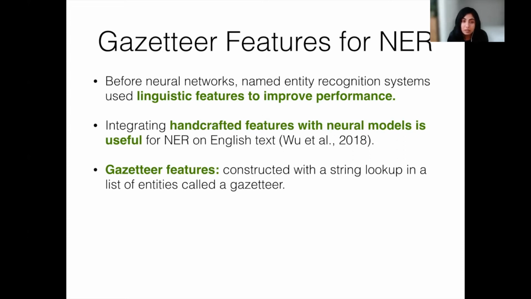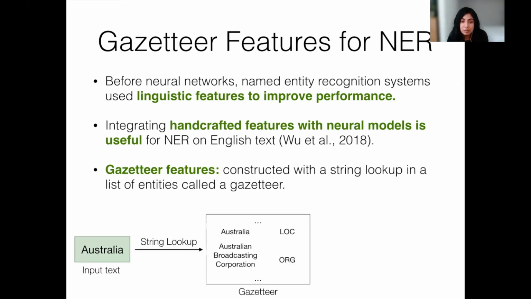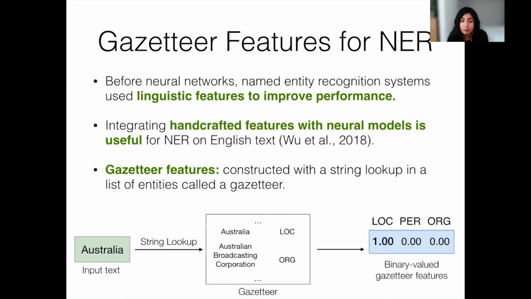Gazetteers are large lists of entities that are manually collated from various sources. Gazetteer features for named entity recognition systems are constructed by looking up the input string in the gazetteer and then forming binary valued features based on whether the string is found in the gazetteer, as well as the match type like location or organization. The features are usually constructed at the word level in the input sentence.